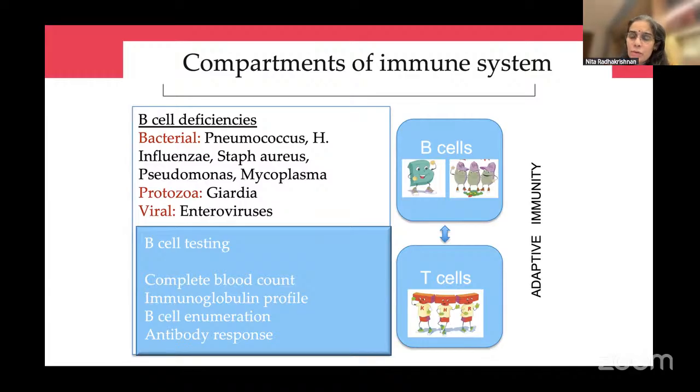Further, if your reports aren't conclusive, there are many ways to look at whether there is any functional response of the B cell. Antibody response to vaccinations is one of them. It used to be done much more earlier, I feel, but now with the advent of genetic testing, after this step, I think most of us would straight away get a genetic evaluation done, because it's tedious to get the further testing done.